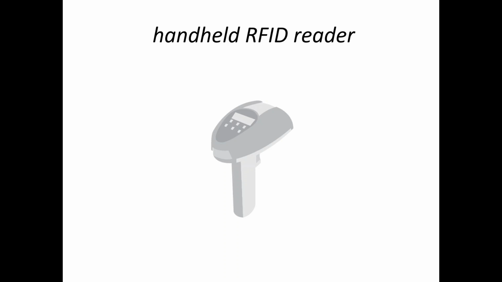Its applications are retail stock counting, library book management, and even healthcare, like medicines and equipment tracking. Its benefit is mobility: on demand scanning where fixed systems are not practical.